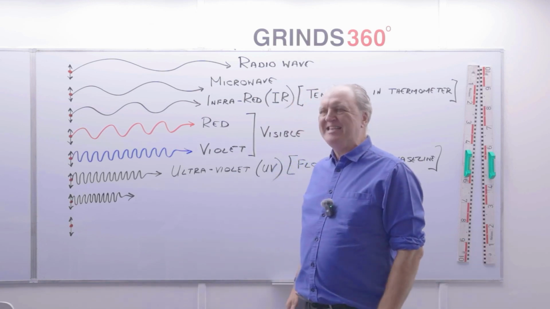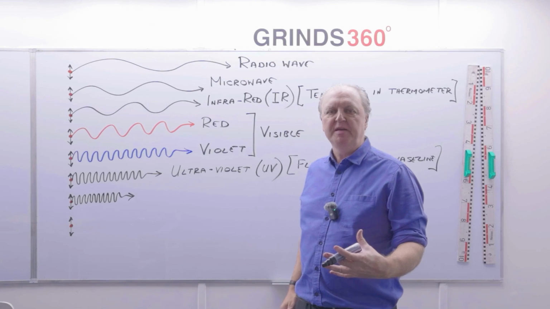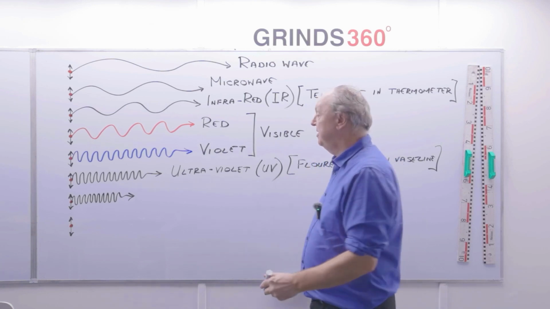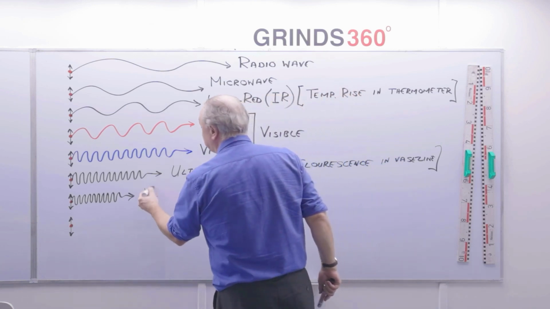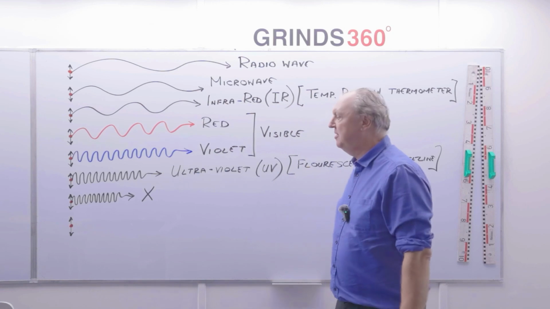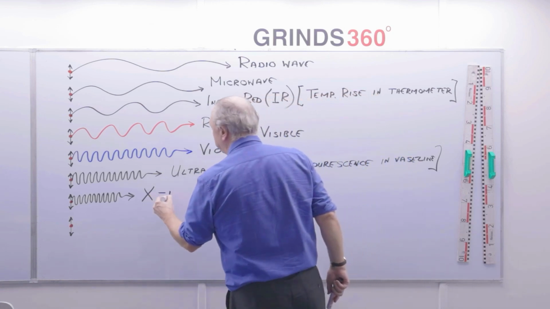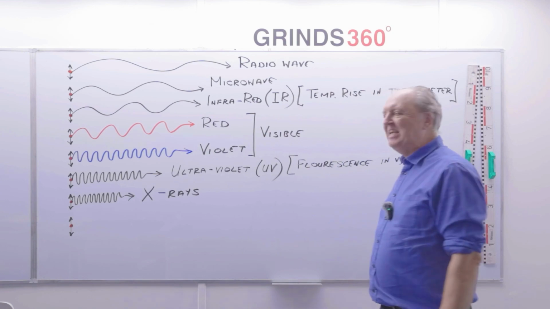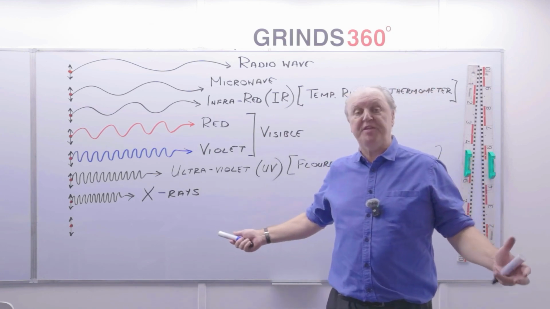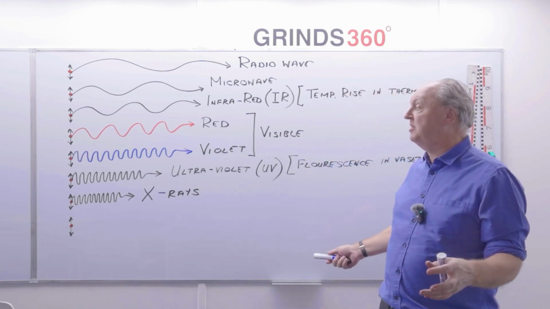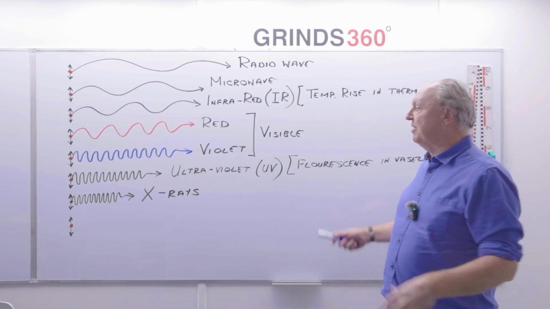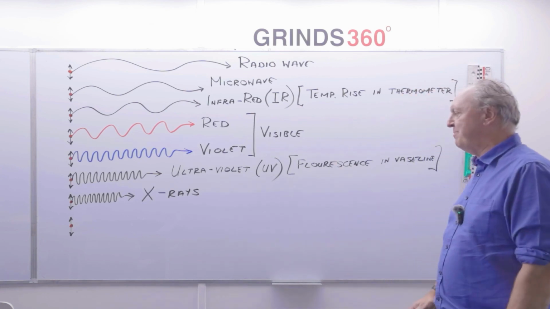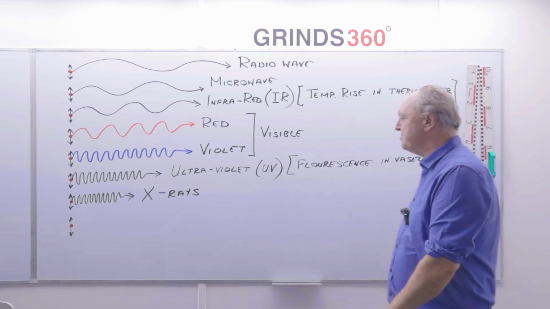When that radiation went near someone's hand, they could see the bones in their hand. They didn't know what they were, so they called them X, like X in algebra. So we call them X-rays. But later on, they discovered X-rays were just another form of light that was invisible, but it travels at the speed of light, which is 3 by 10 to the power of 8 meters per second.